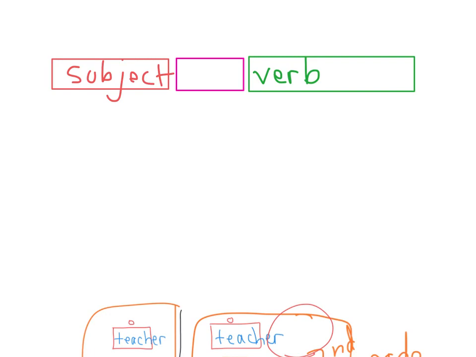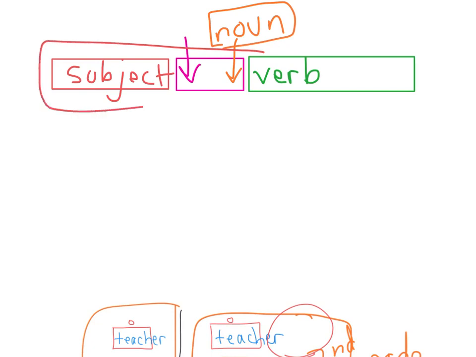And in the prepositional phrase, we're going to have a preposition, and then an object of the preposition, which is a noun. But that noun is not the subject of the sentence. In this kind of sentence, this whole thing is the subject. That would be the complete subject.